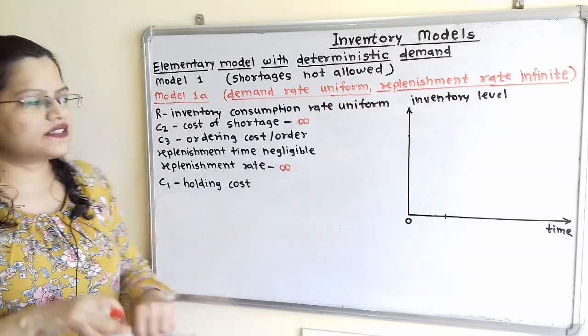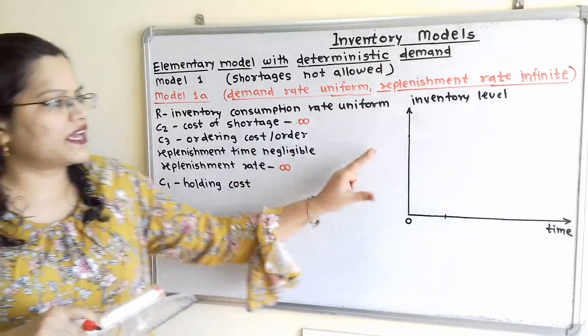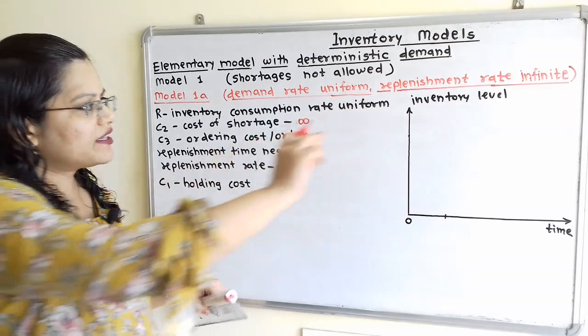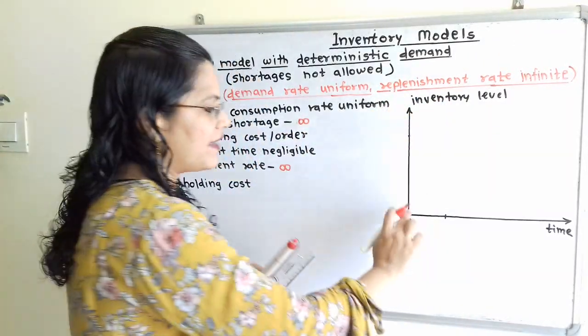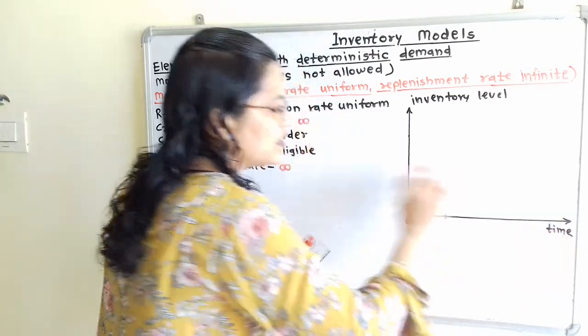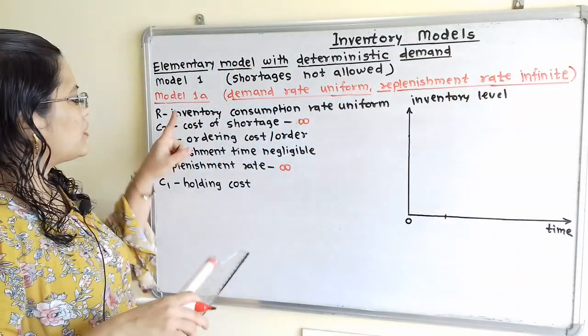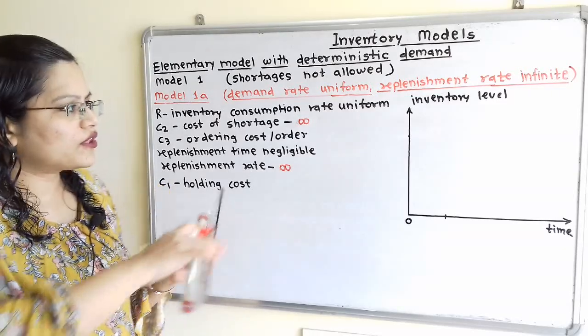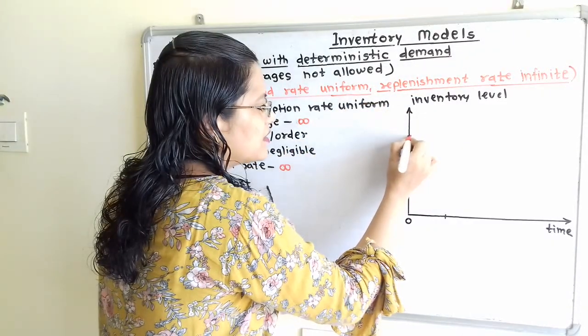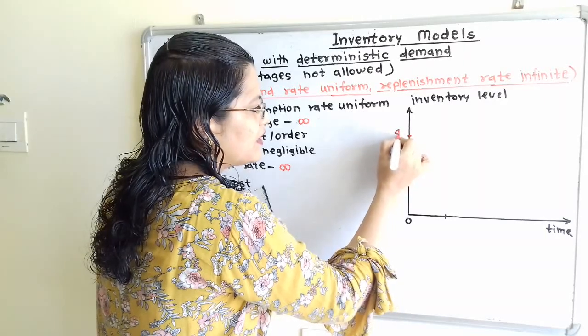Now we will understand this model 1A with the help of a diagram. Here the inventory level we have to plot on the vertical line, and on the horizontal line there is time. Now we know that inventory consumption rate is uniform. So suppose we consider this as the level of the inventory.